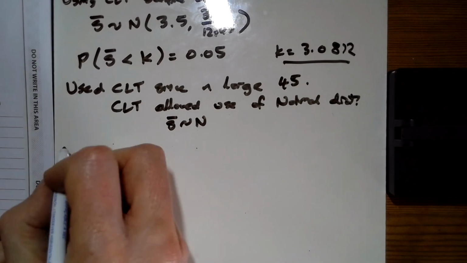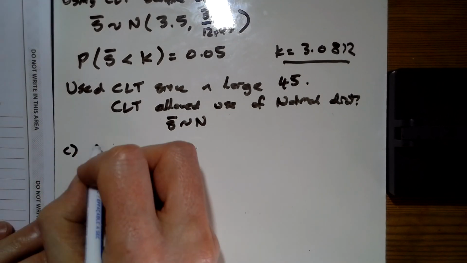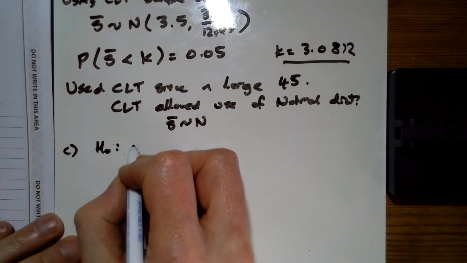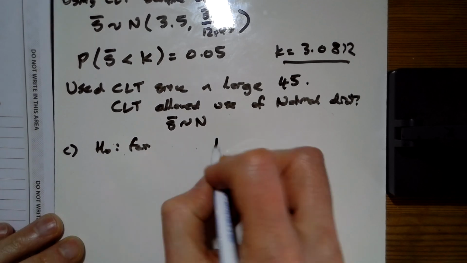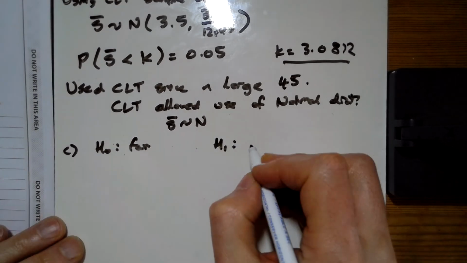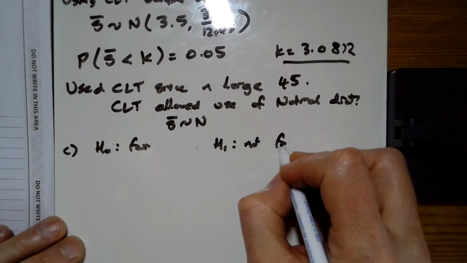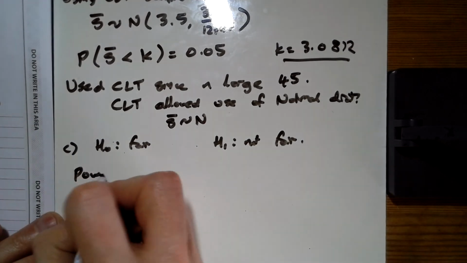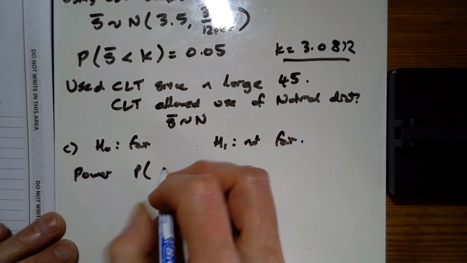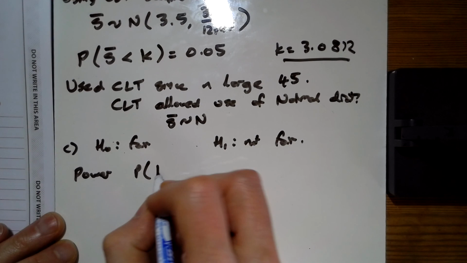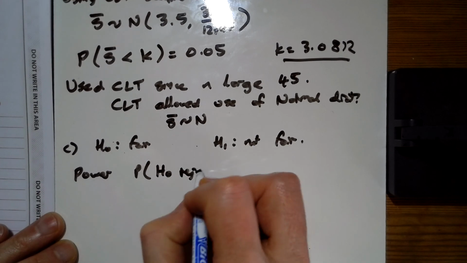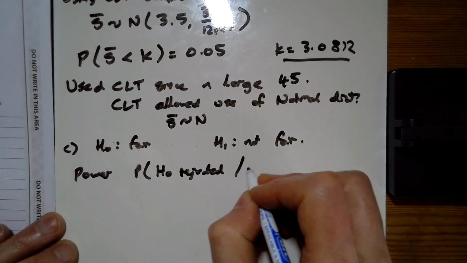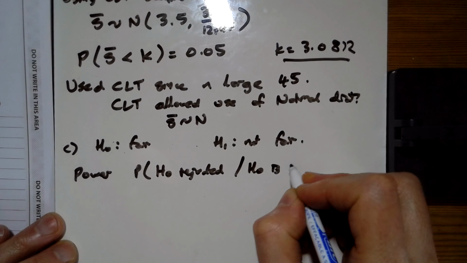So part C, we've got H0 is that it's fair, and H1 is that it's not fair. So the power of the test, the power is the probability of rejecting H0 given that H0 is false.